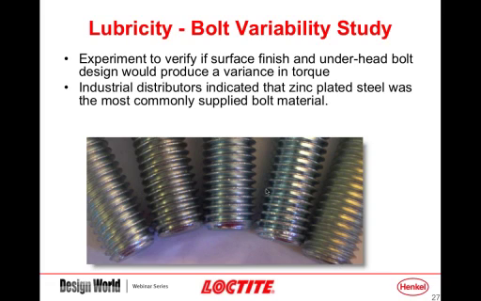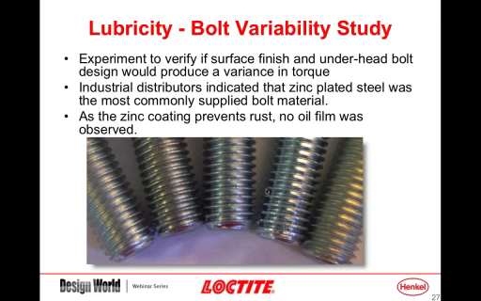We chose for this particular test zinc-plated fasteners, very common, and we mentioned the fact that only 10 to 15% of the force that you apply to a torque wrench actually creates the clamp load itself. The rest goes into friction. We did want to note that in this case, there was no oil film used on this type of fastener because of the zinc coating that prevents the rust. There's no oil, so it's a non-lubricated fastener.